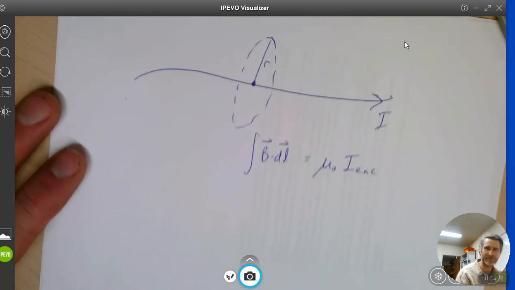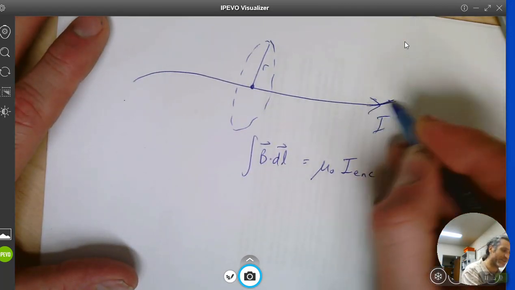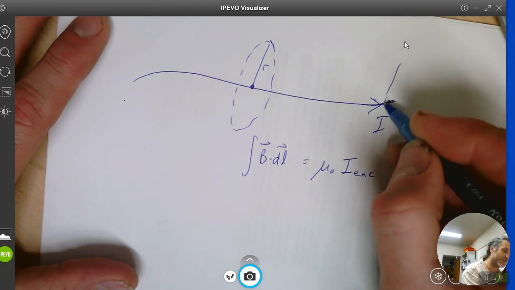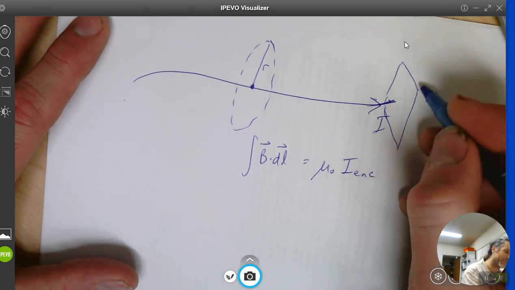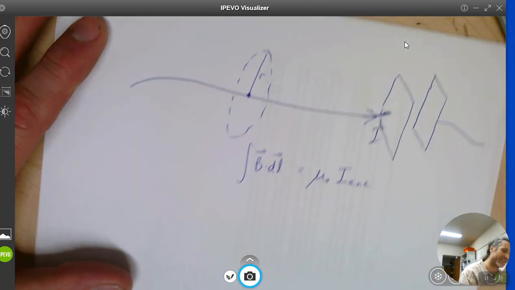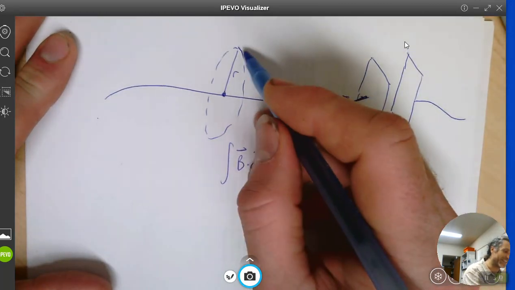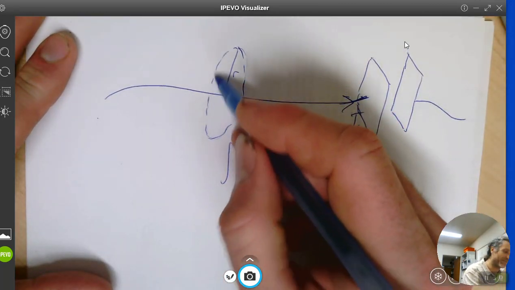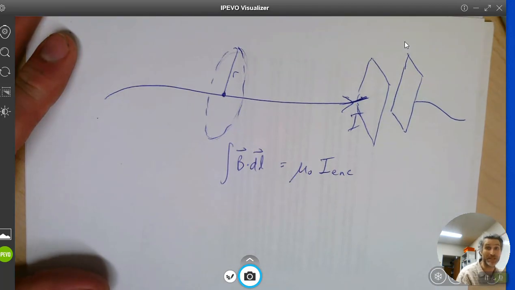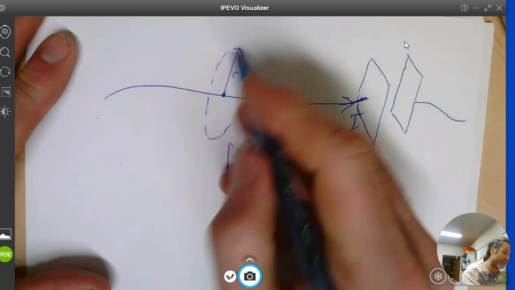So far, so good. But what if this current went to a capacitor plate and was starting to charge up the capacitor? There's nothing in the rules against the idea that my Amperian loop does not necessarily have to be like a soap film that goes exactly on this thing here.